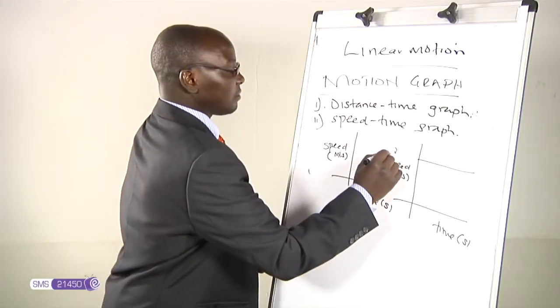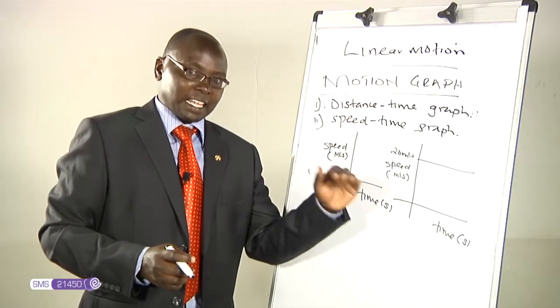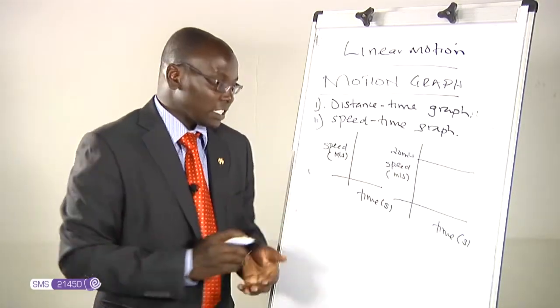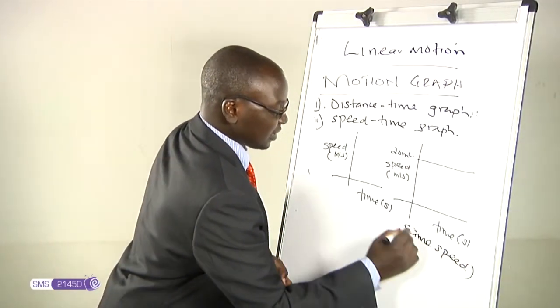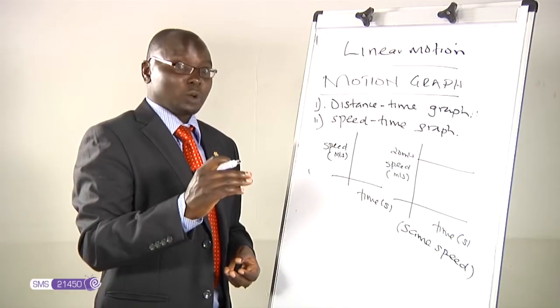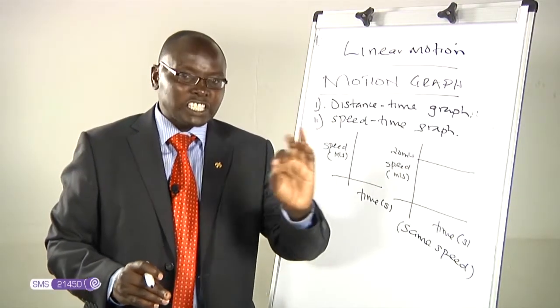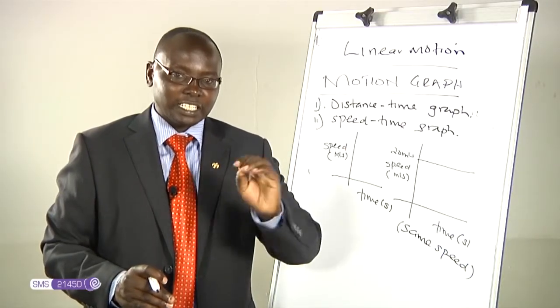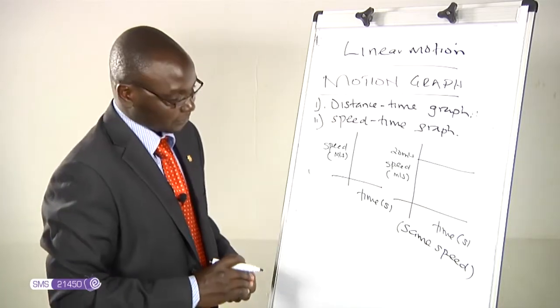Suppose this is 20 meters per second. How can we translate from this graph that this is a body moving with the same speed? It's a body moving with the same speed throughout. 20 meters per second throughout. Time is moving, but there's no change in speed. So it's a body moving with the same speed.